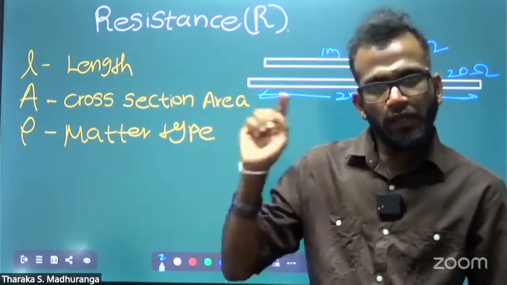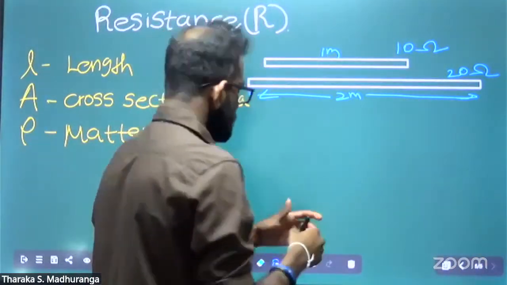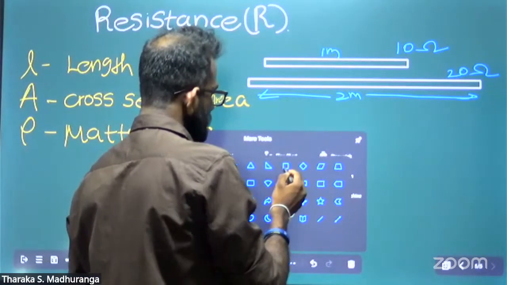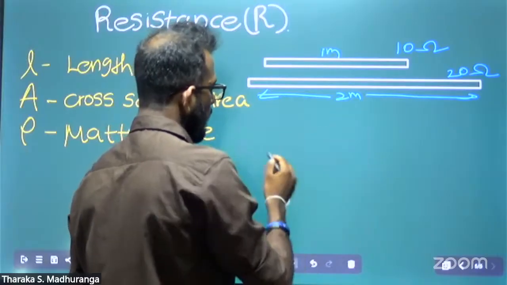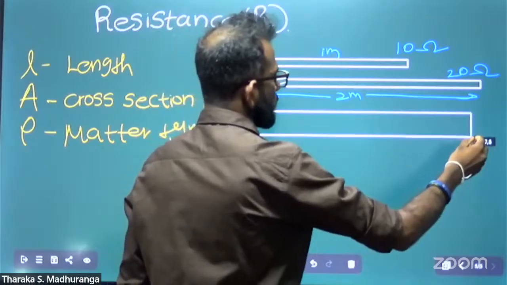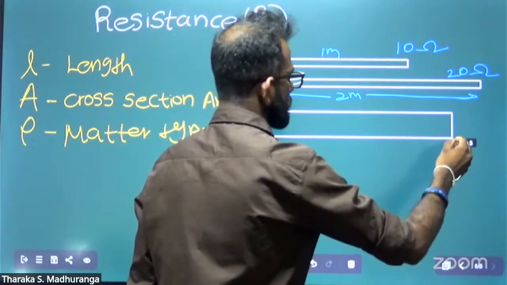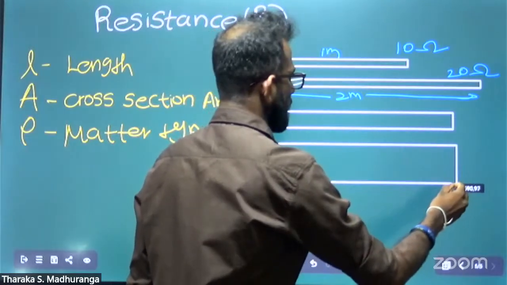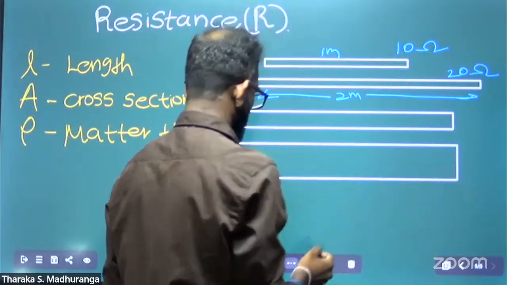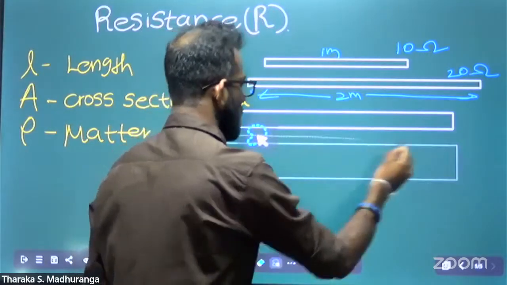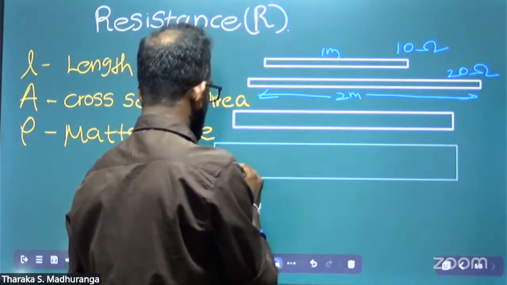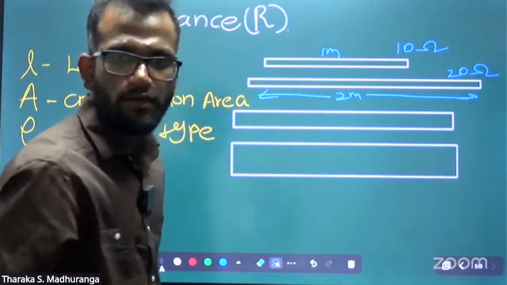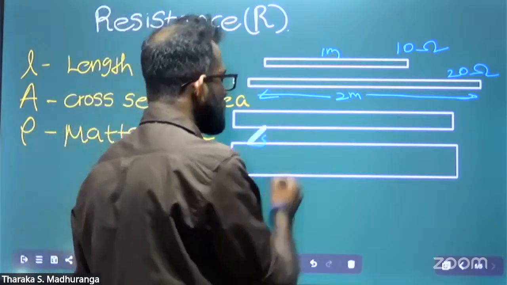Now, if we think about cross-section area, think of the same length, 1 meter and 1 meter.